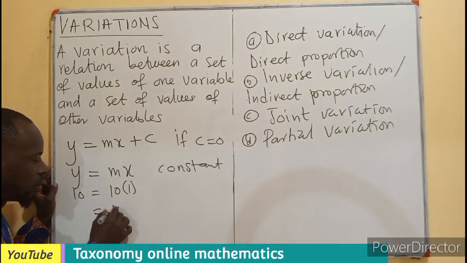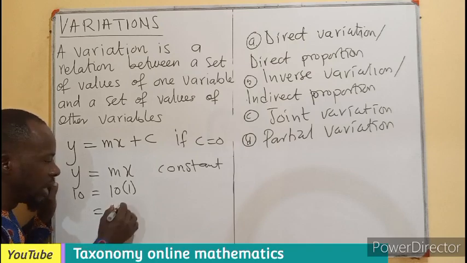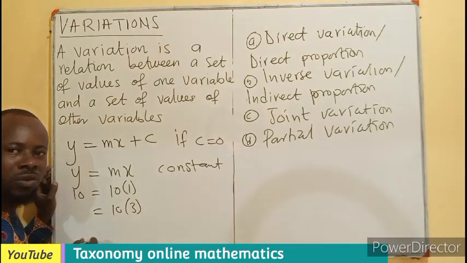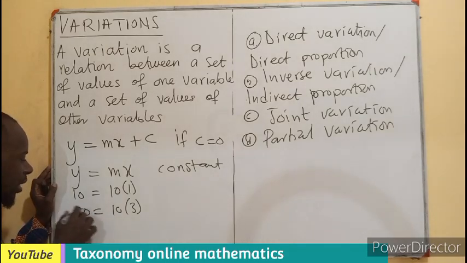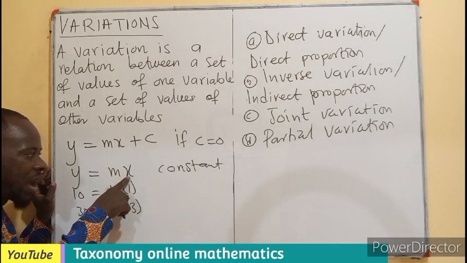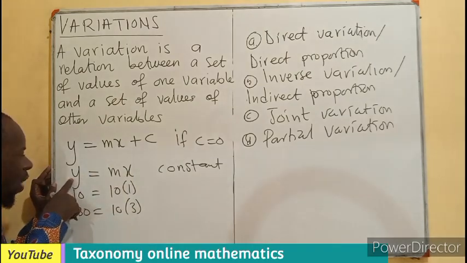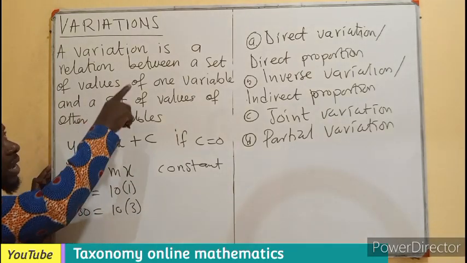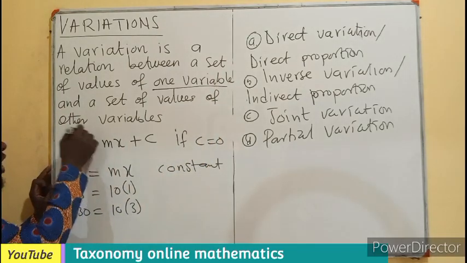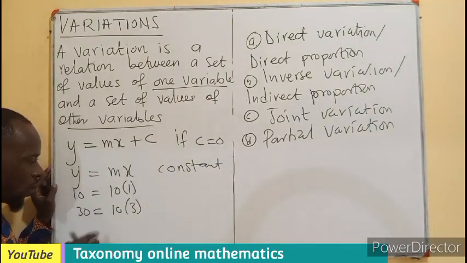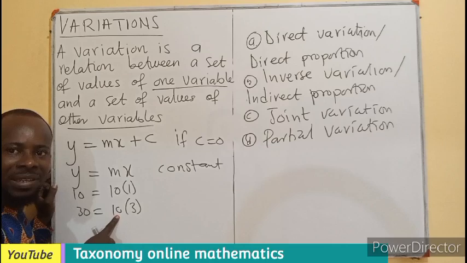I'll still be paying 10 cedis for one book, and if I'm buying 3 of the books, the amount I'm going to pay becomes 30. You see that as I vary the x, the y also varies. One variable brings a change in another variable, whereby the 10 remains the same.